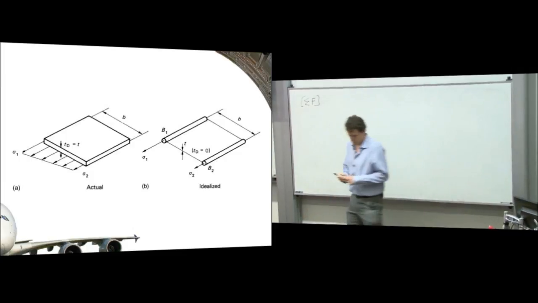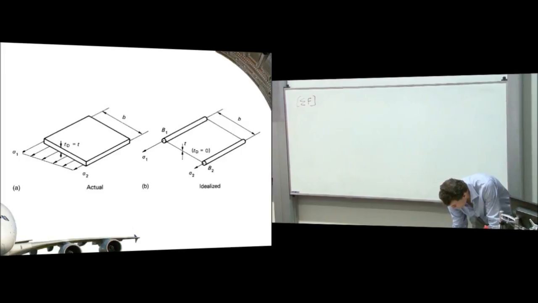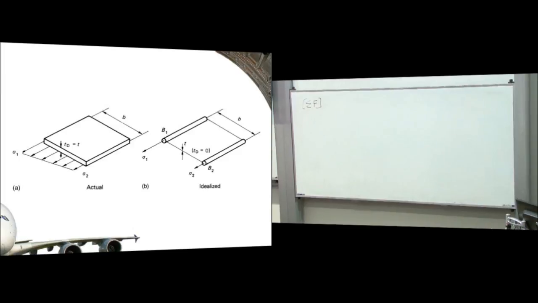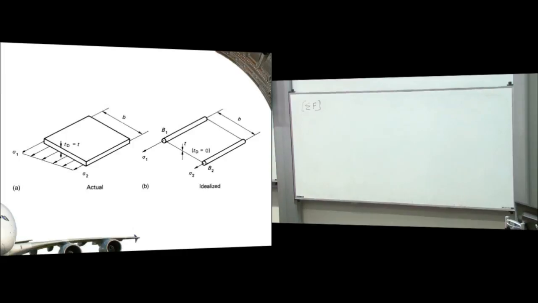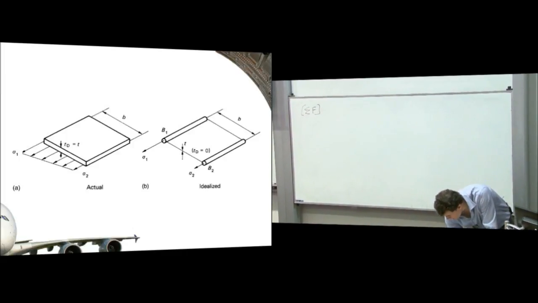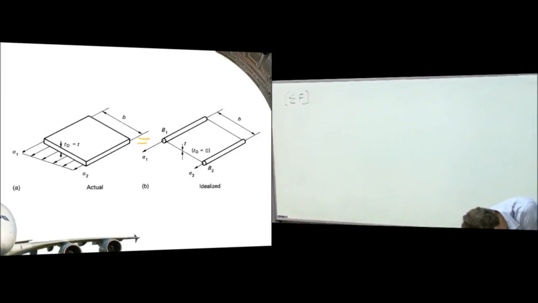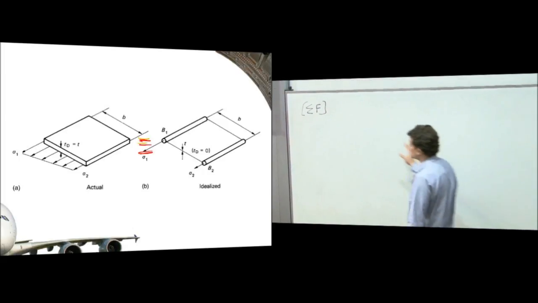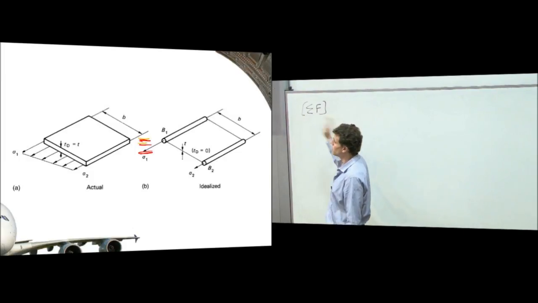So what we're going to try and do is say that the left-hand side and the right-hand side are equivalent. Okay, so when I do these equations, the left-hand side is going to be the forces from the left, and the right-hand side is going to be the forces from the right, and vice versa.